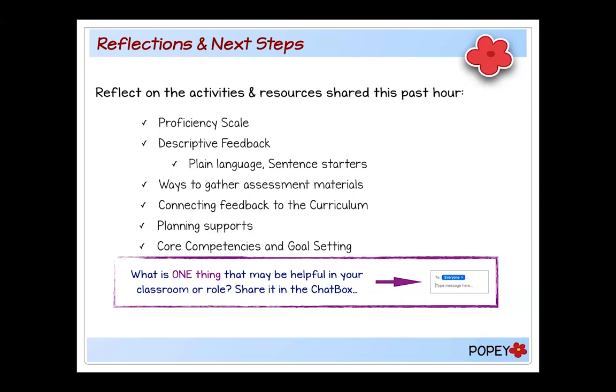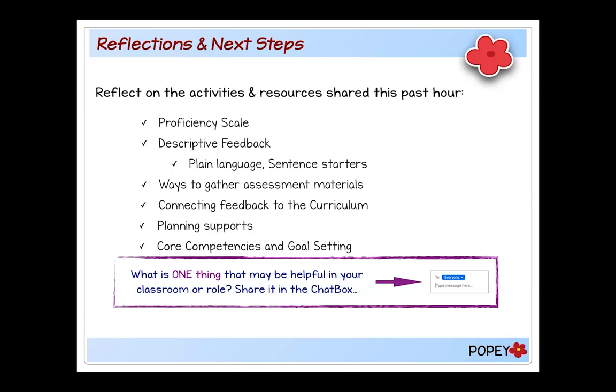Having those in direct connection will be easier for you in the long run for reporting because you know exactly what you're going to be reporting on. You have a clear idea of what proficiency indicators look like, so everything's aligned.